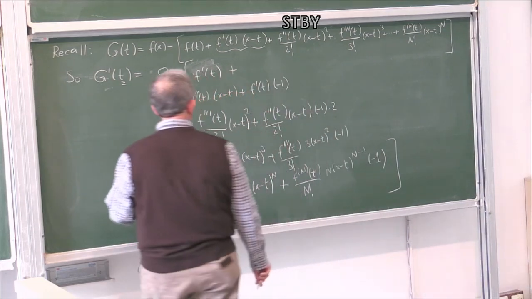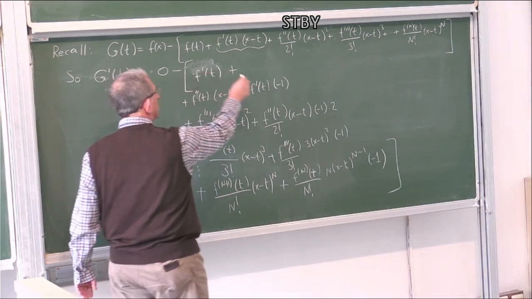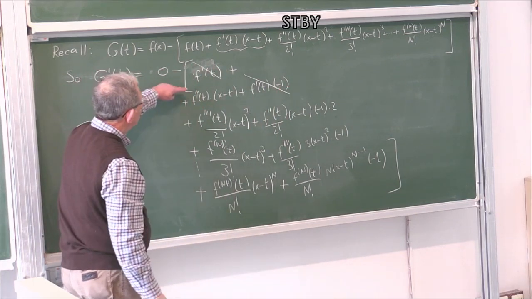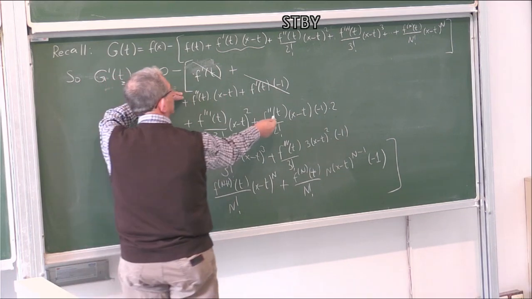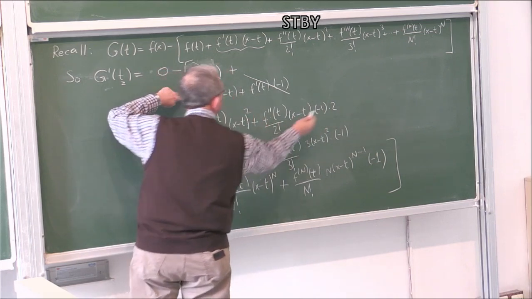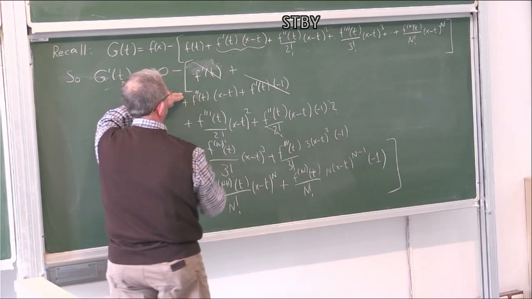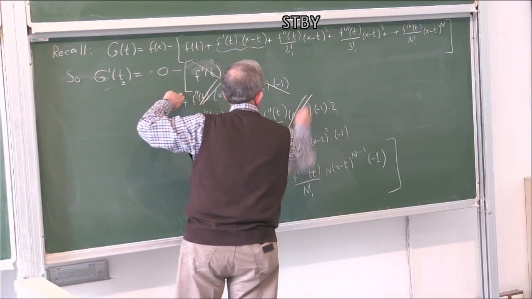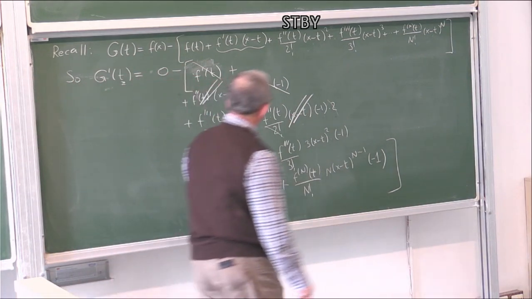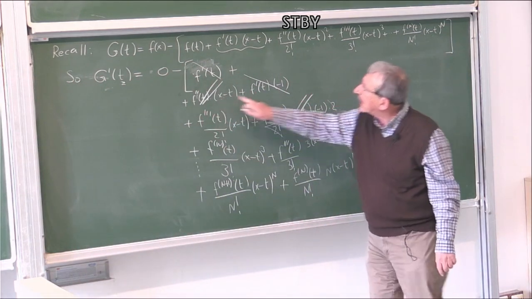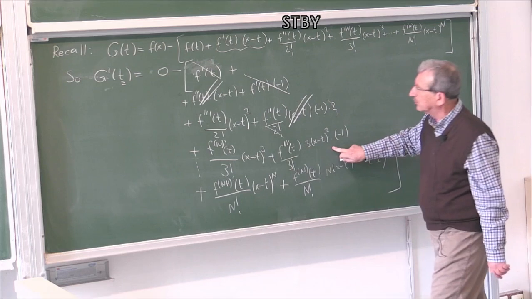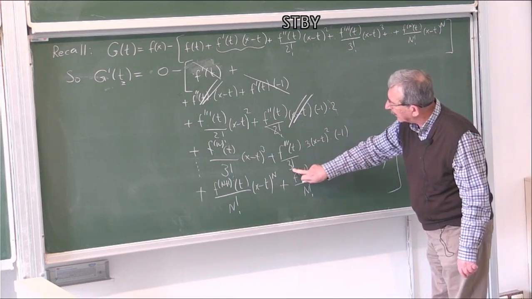Now we see that this term cancels with this one because of the minus sign. Now the second derivative, if you compare it with the second term, this is minus times this because the 2's cancel out. So this cancels with this. Similarly, in each pair, the first term cancels with the second term. So here, this term cancels with this one because 3 over 3 factorial is 2 factorial.